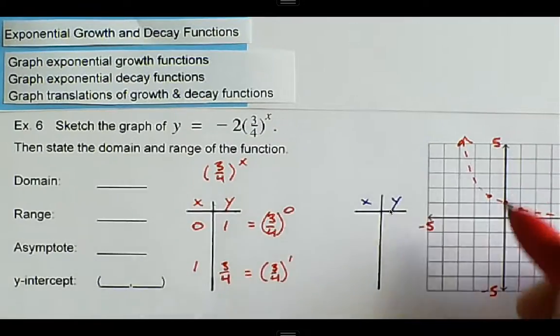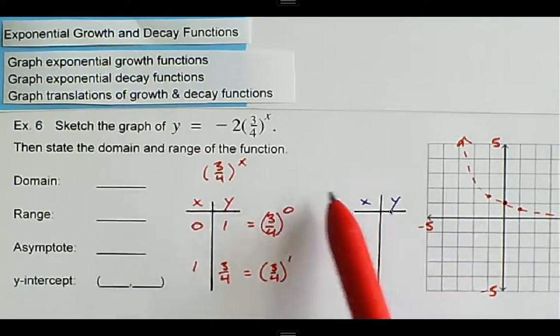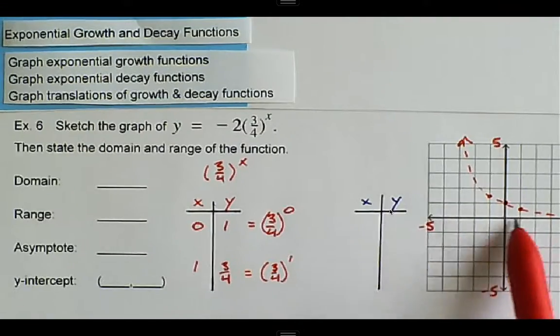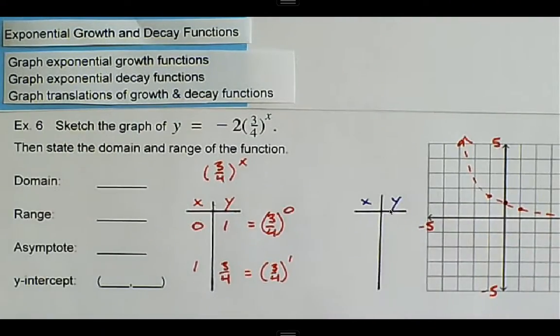Now we have to deal with the a value. Here we have the asymptote is still y equals 0, or the x-axis. Now what the a value, or -2, tells us is that we're going to take the y value and multiply that by -2, and we're going to get a new y value.